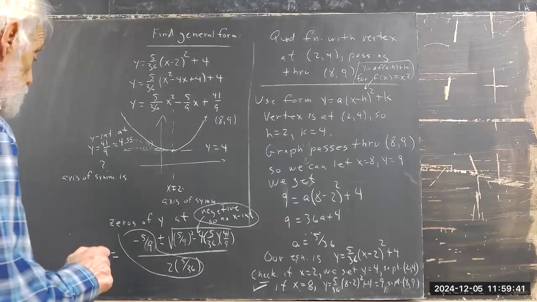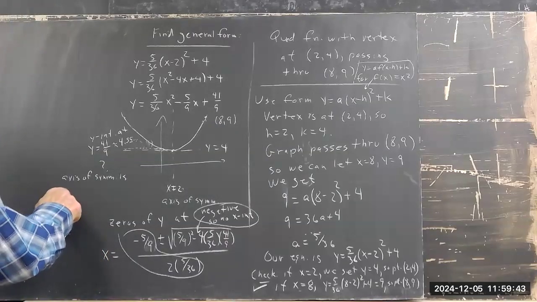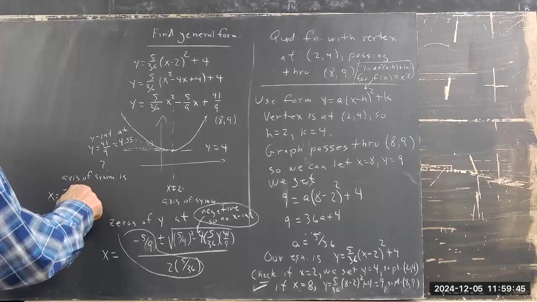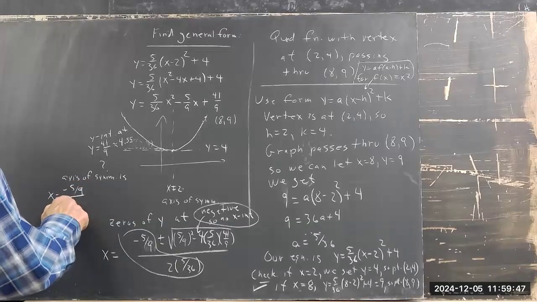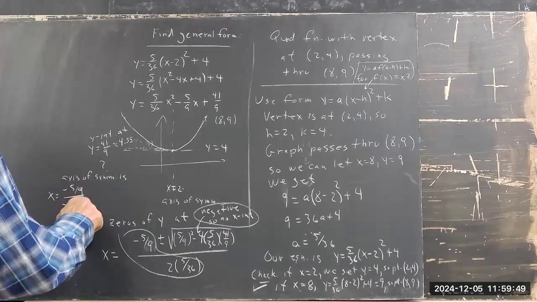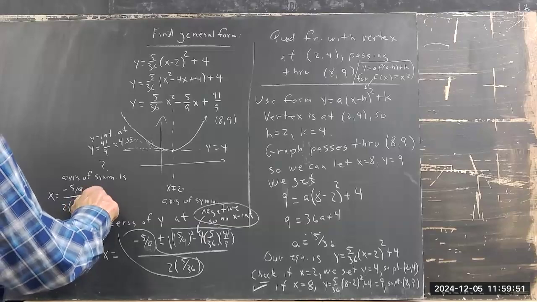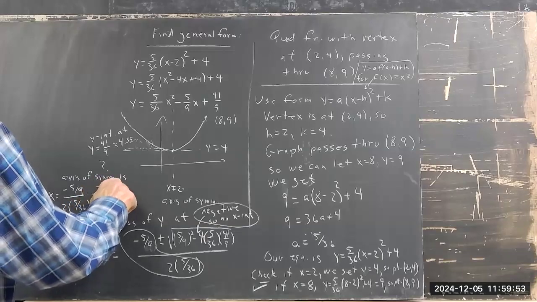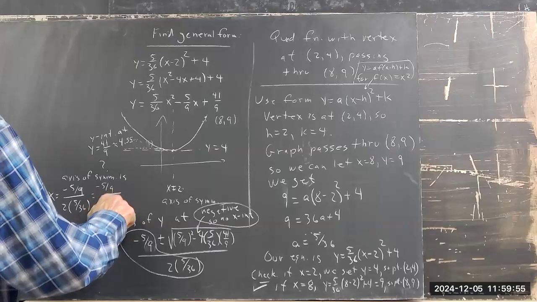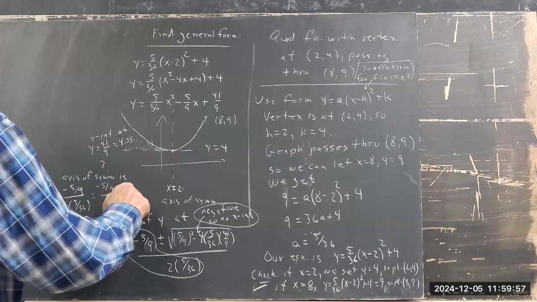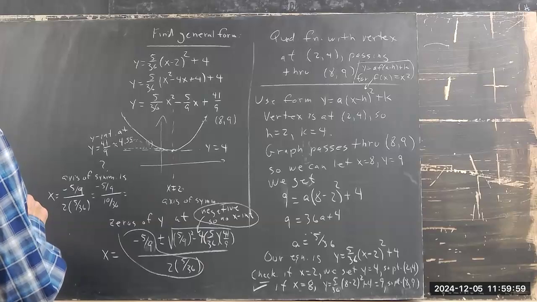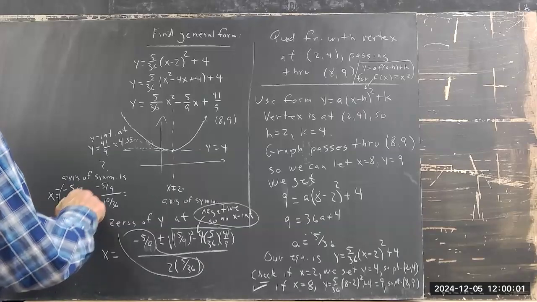So the axis of symmetry is x equals negative 5/9 over 2 times 5/36, which is negative 5/9 over 10/36, and it's the negative of that.